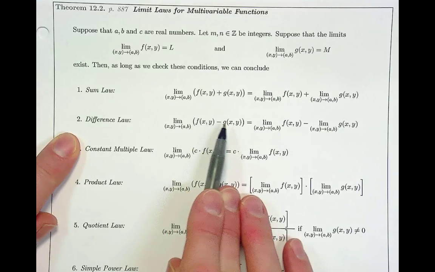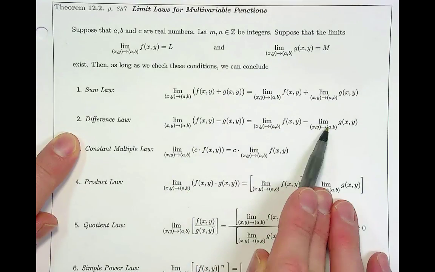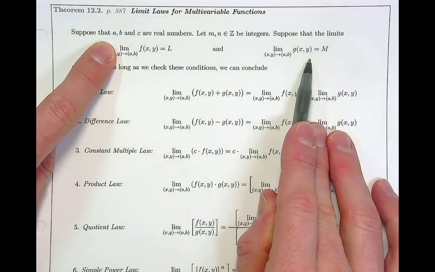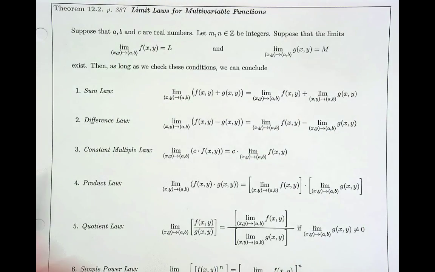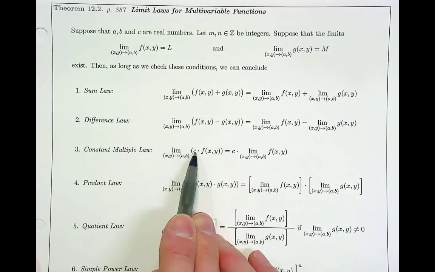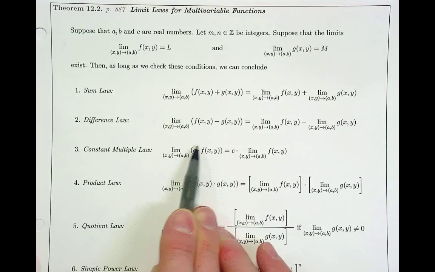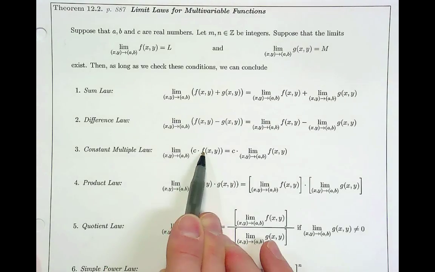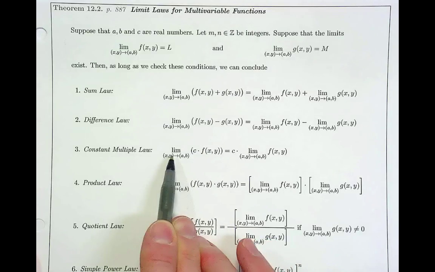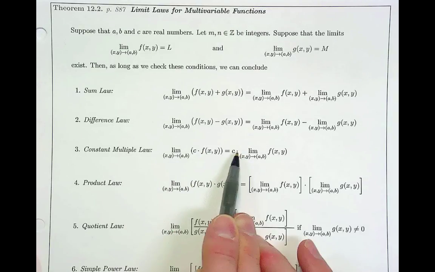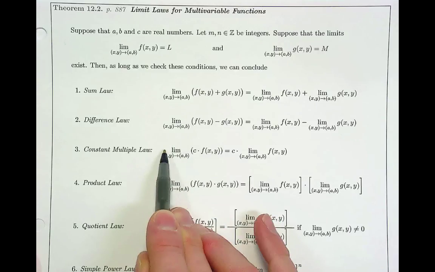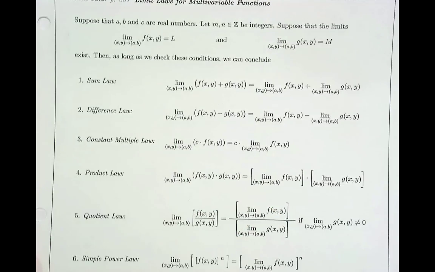The limit of a difference of two functions is equal to the difference of the limits, provided that both of the limits exist. We know for the constant multiple rule, if I take a constant multiple times a function and then look at the limit of that new function, as long as the limit of f as x y approaches a b exists, then I can factor out the constant multiple.